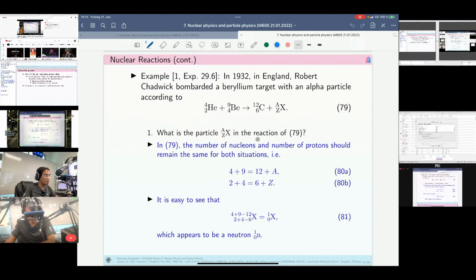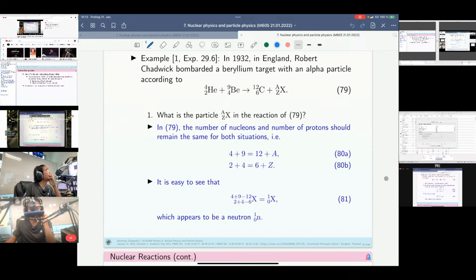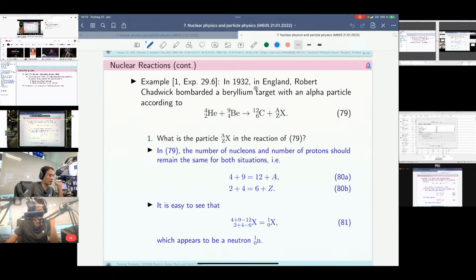In this example, which is taken from book number 1, example 29.6, it's the basic thing to balance the reaction process.